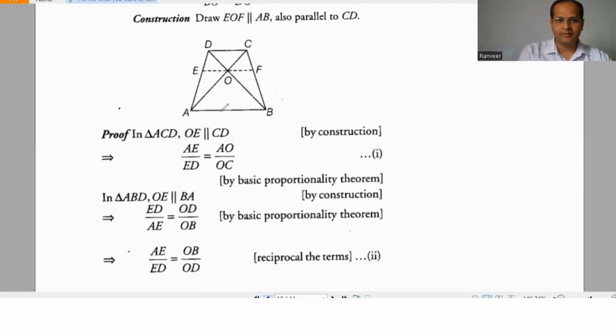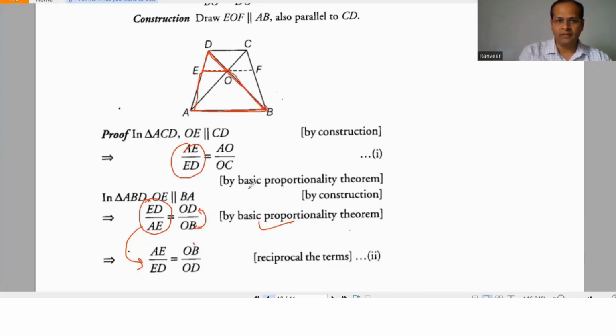Similarly, we can take triangle ABD, in which EO is parallel to AB. So based on that, we can write ED by AE equals OD by OB. This is the second. If we reverse this, the left hand sides of both are the same: AE by ED equals OB by OD.